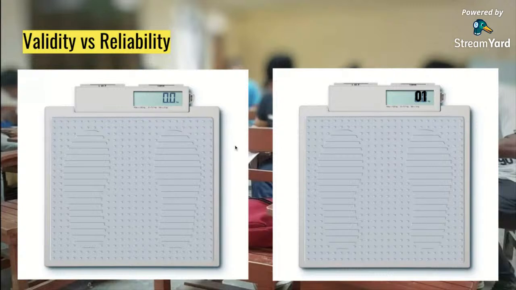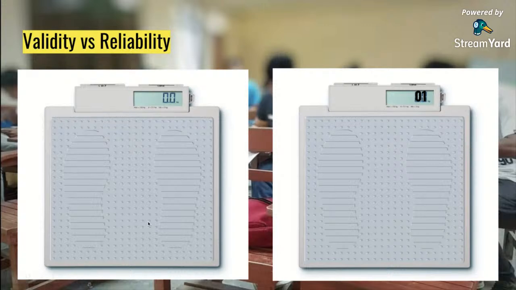I wish not. So it says 90 kilograms, and then after a day, I take my weight again, and it's 90 again. And then the next day, I take it again, and it's 90.